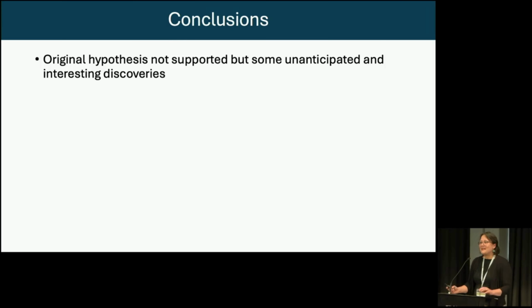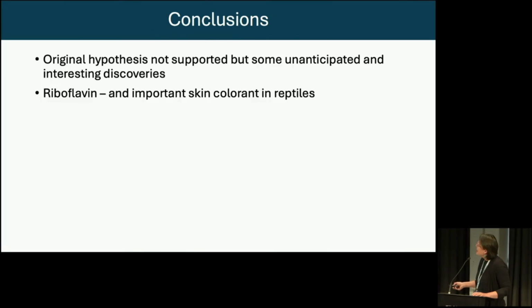And in the process of doing this research, we found some discoveries that we weren't anticipating and potentially more interesting. I think the riboflavin story has pretty wide implications. It may well be very abundant in many vertebrates, not just reptiles, and contribute to skin coloration.